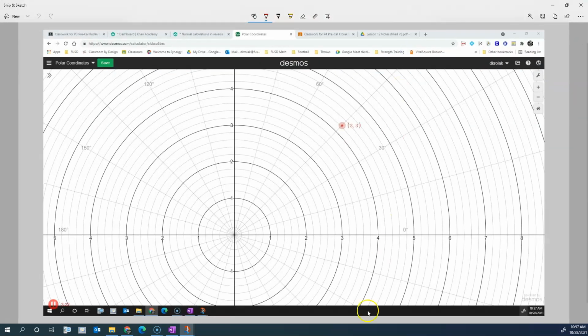I just did it using 3, 3, but instead of using coordinates, I'm going to describe that point by rotating that ray. How many degrees would I have to rotate it so it goes through that point? I'd have to rotate this 45 degrees, and when I do that, it's going to look like this.